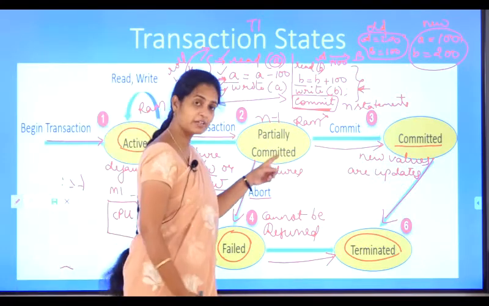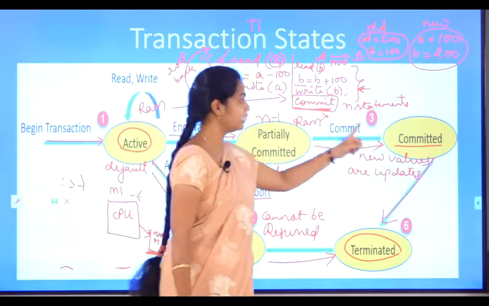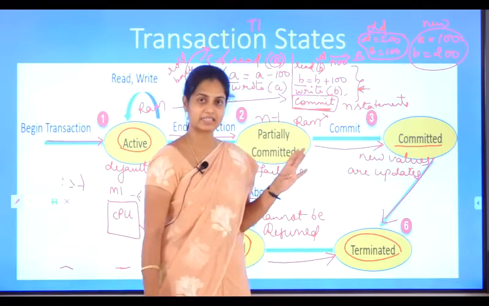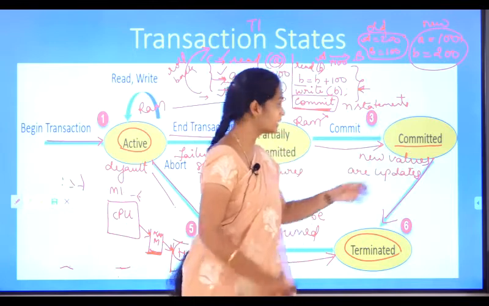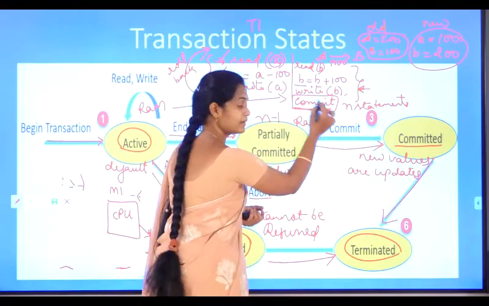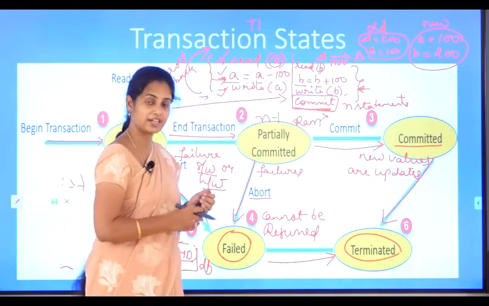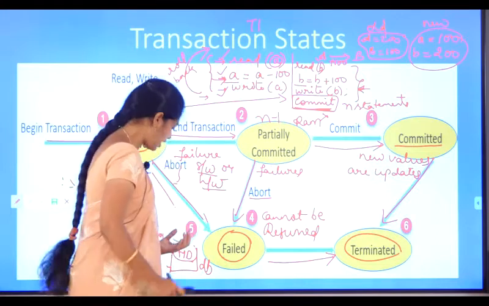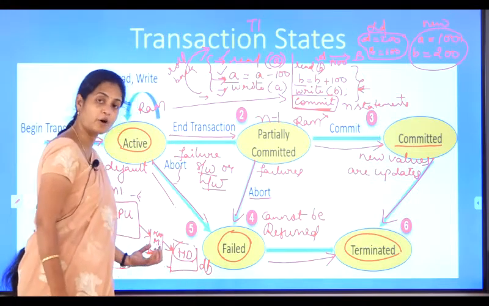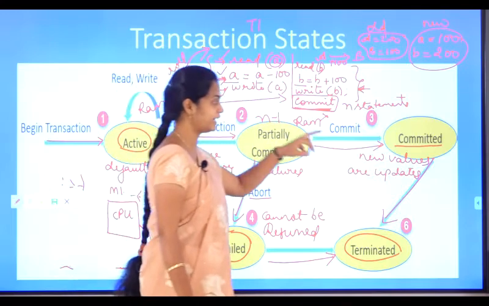After the partially committed state, it will enter into the committed state. What is committed? When it encounters the commit statement in the transaction, whatever actions we are performing will be updated.